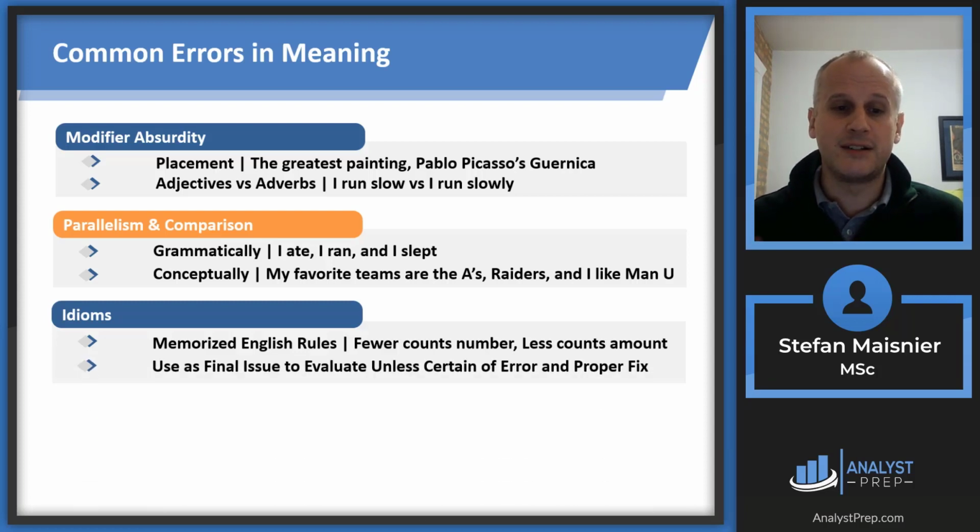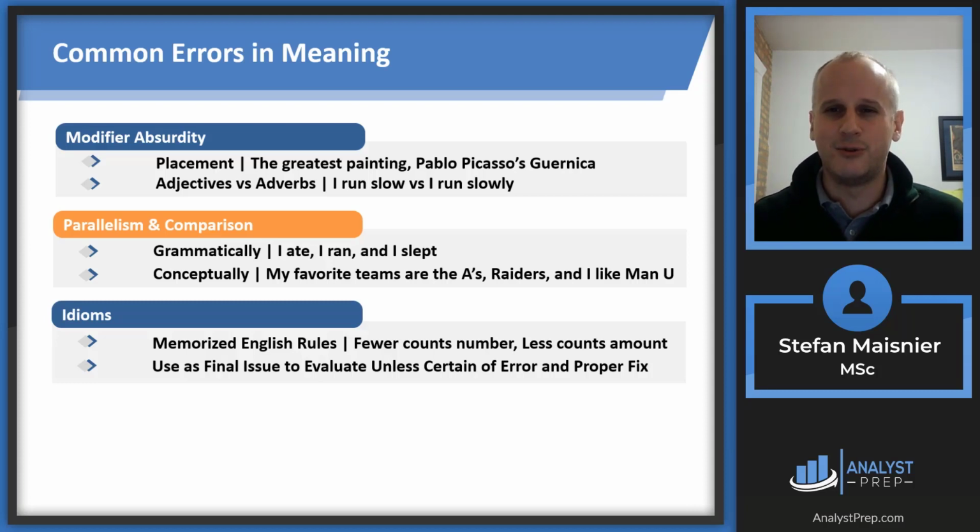So for that reason, for idiom, you want to use these as the final issue to evaluate, unless you are absolutely certain of what the error is that you've identified and of the proper fix. You've got to be able to say, okay, I know it's got to be fewer because it's counting number. That less is incorrect.